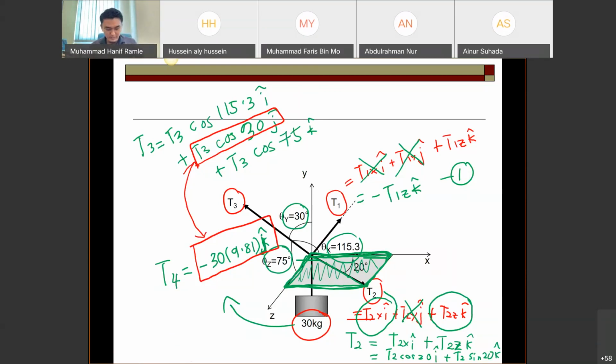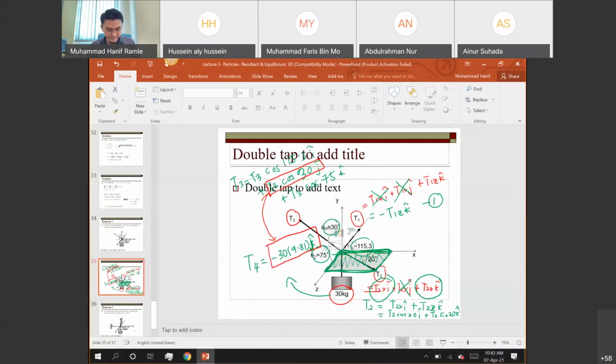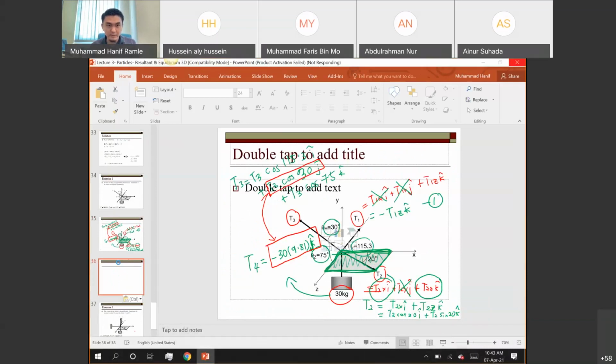Not enough whiteboard. Wait a moment. What happened? It's lagging.